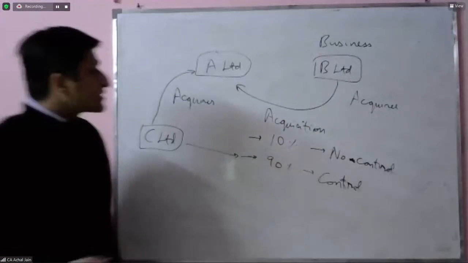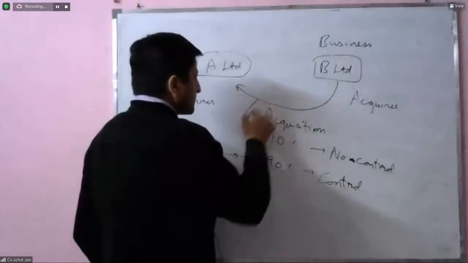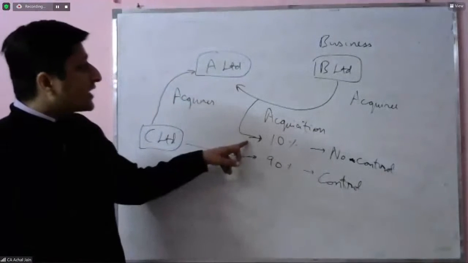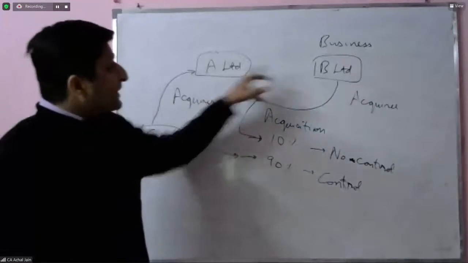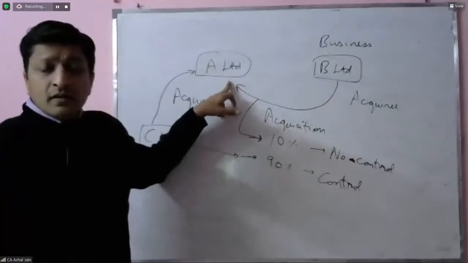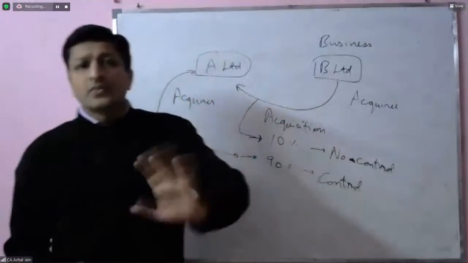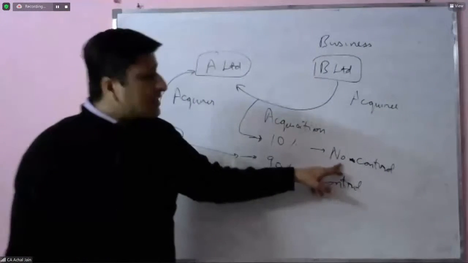Now in this case, situation number one, or you can say case number one, wherein B Limited is getting acquired, will that fall under business combination? The answer is no. Why? Because there is no control.